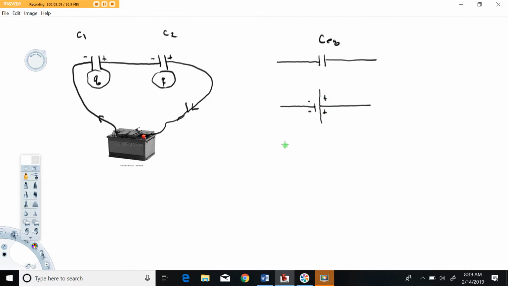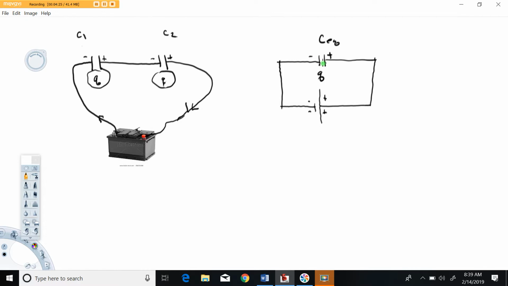Sometimes you'll see these in books with multiple lines, but I usually just draw 2 because it's more efficient. And so here's what our circuit looks like after we close the switch. We've got a positive charge on this side, negative charge here, and we would say that this capacitor is charged to a value Q that we'll talk about in a moment.